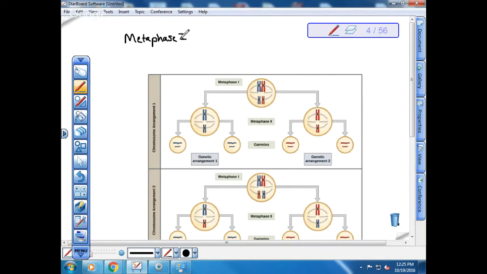So in metaphase 1, you'll notice here that we have replicated pairs of chromosomes lining up in the middle of the cell. So I'll put they line up in the middle of the cell.